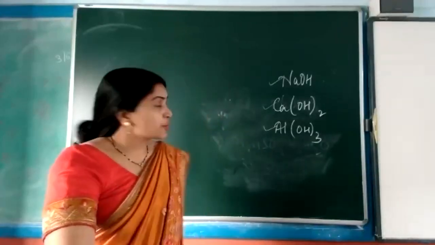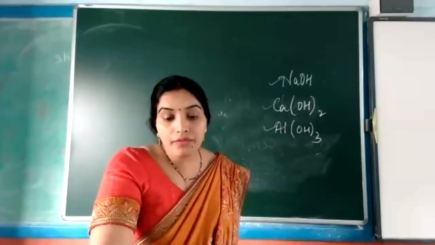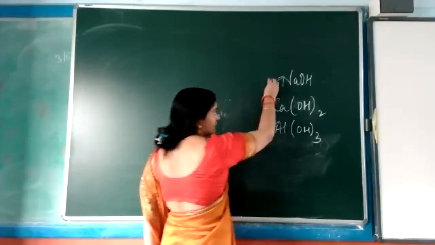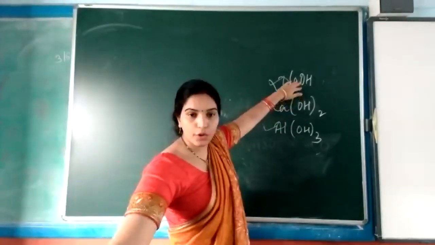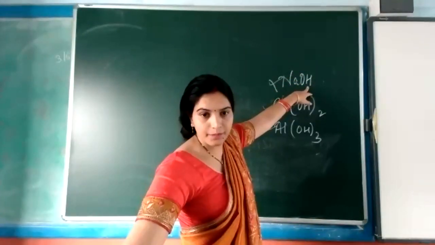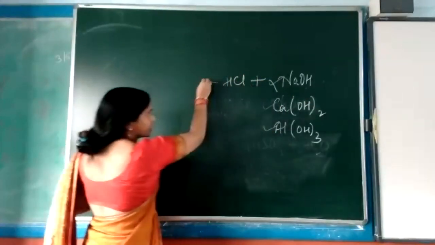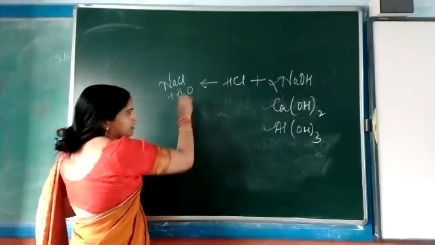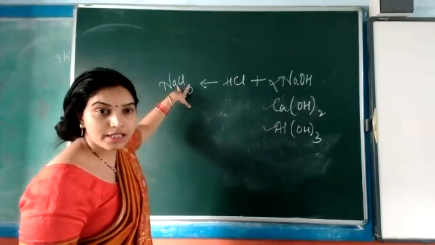Now, as I told you, basic salts are formed by the partial replacement of hydroxyl radical. Partial replacement. So this partial replacement is not possible with a monoacidic base. Why is it so? Because it contains only 1 hydroxyl. So definitely the reaction takes place with acid, formation of NaCl along with H2O takes place. With a monoacidic base, we always get normal salt.